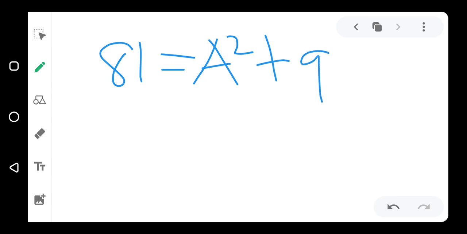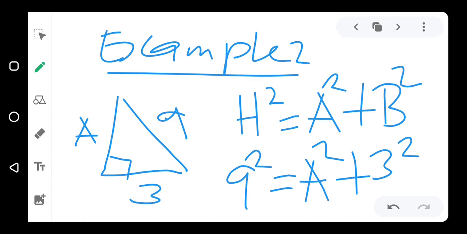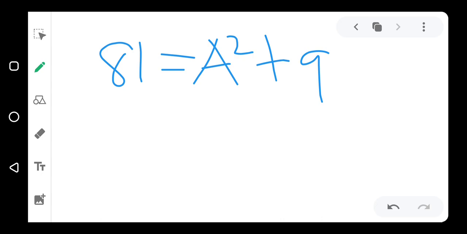So 81 is equal to a squared plus 9. 9 squared is 81, a squared is the one we are looking for, and the other side is 3, which is 3 squared, which is 9.